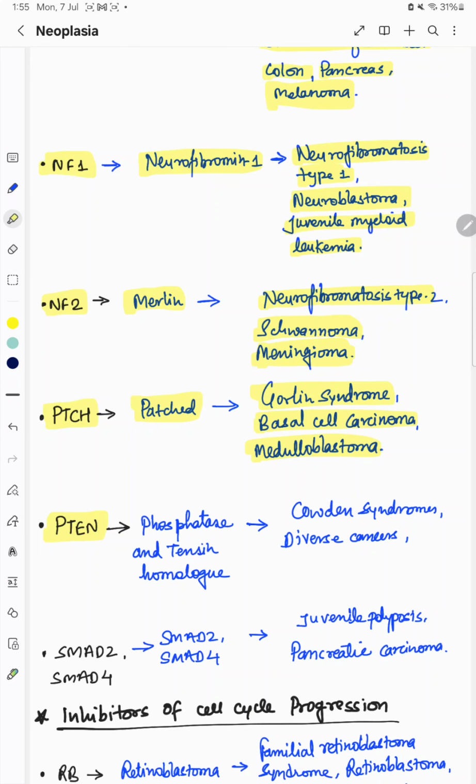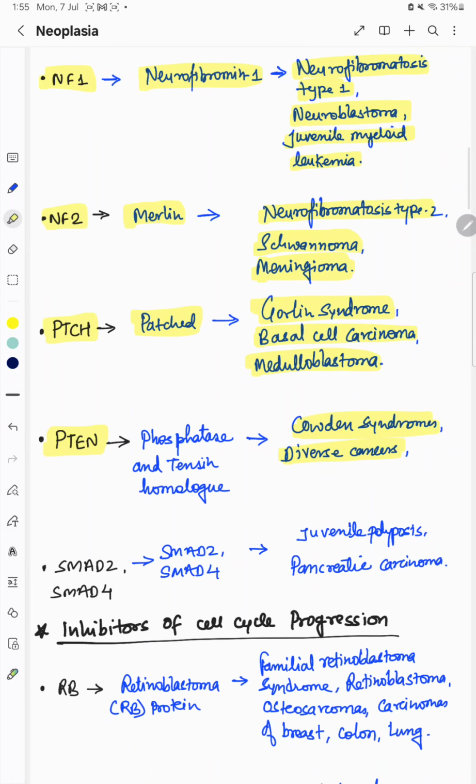Mutation of this gene will be seen in Cowden syndrome and various cancers. SMAD2 and SMAD4, the proteins produced by these genes are SMAD2 and SMAD4.